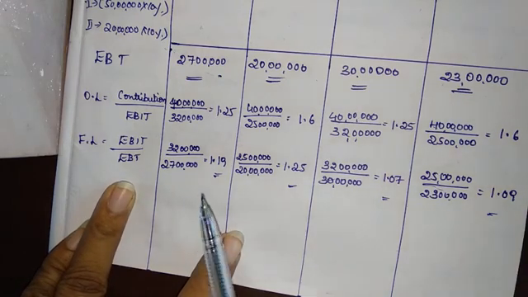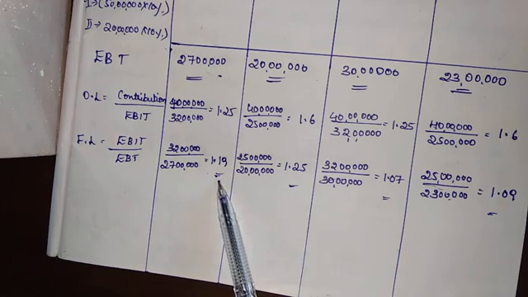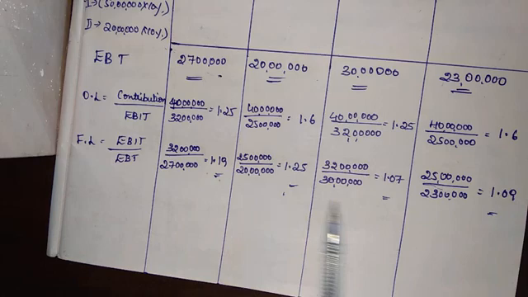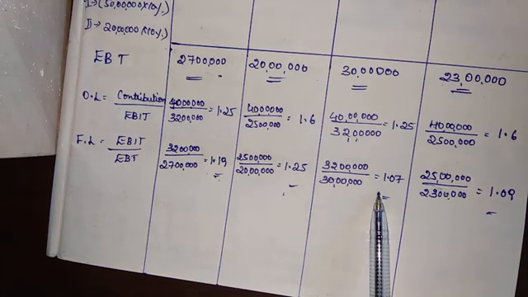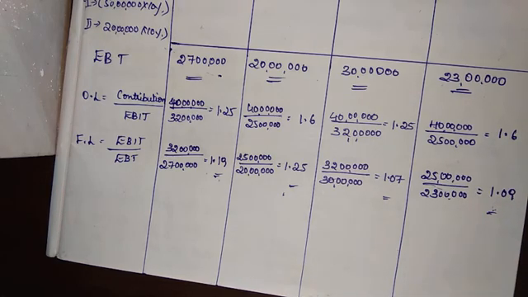Situation A under financial plan 1 has a financial leverage of 1.19 times and situation B 1.25, and financial plan 2 situation A has a financial leverage of 1.07 and situation B 1.09.